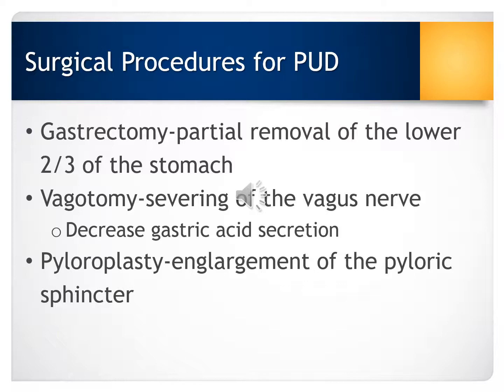Gastrectomy is the partial removal of the lower 2/3 of the stomach. Vagotomy is the severing of the vagus nerve, either totally or selectively, and this is done to decrease gastric acid secretion. Pyloroplasty consists of surgical enlargement of the pyloric sphincter to facilitate easy passage of contents from the stomach.